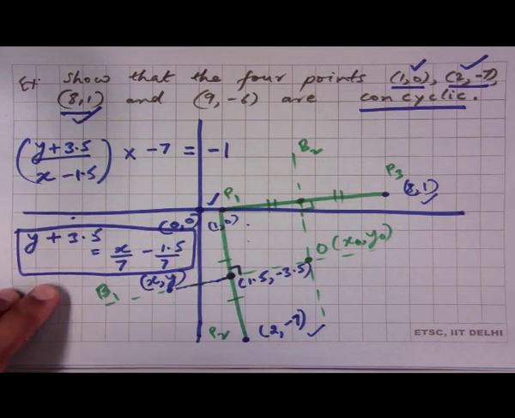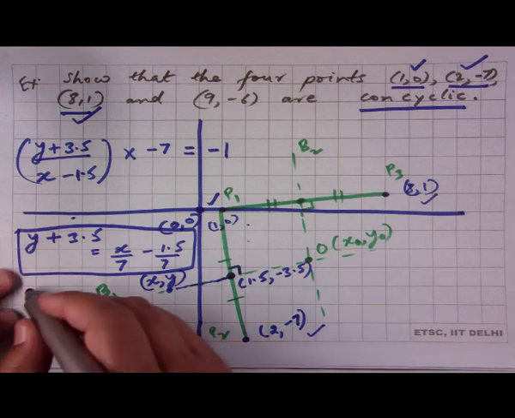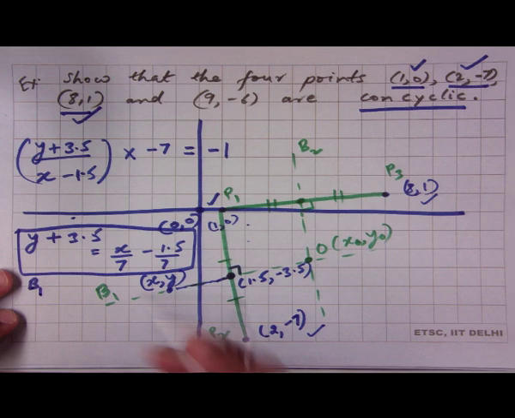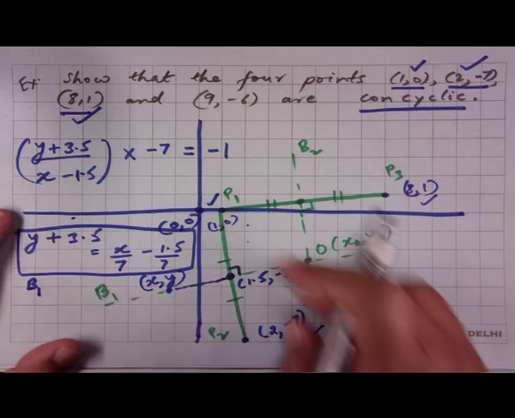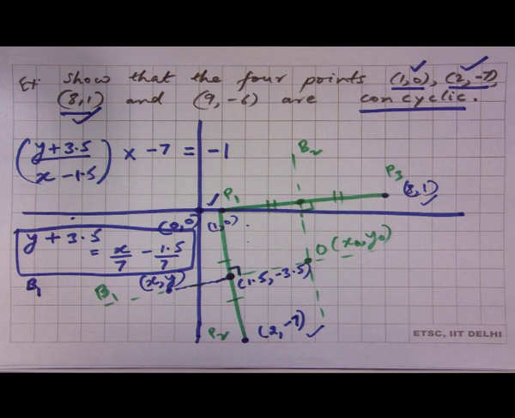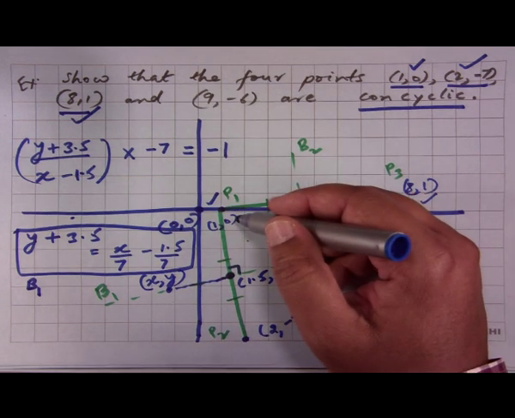So this is the equation of the line B1, which is the perpendicular bisector of P1, P2.